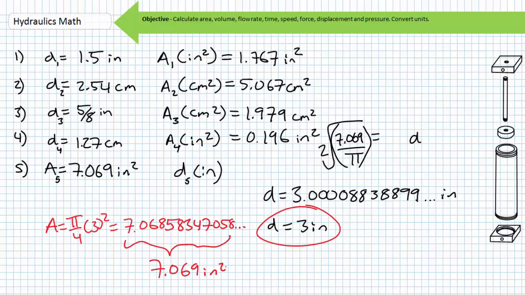You've got to be extremely hard-headed to not understand that a diameter of 3.00008838899 inches means 3 inches. Watch out for this and don't freak out. If you are freaking out, snap out of it. Quit being so uptight and inflexible. Be cool, be flexible, and be aware of this.